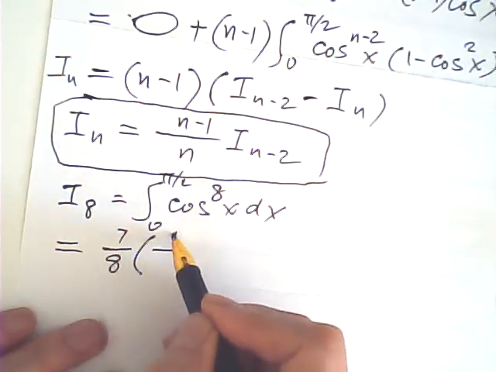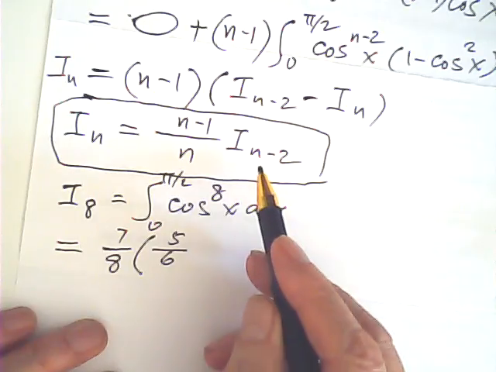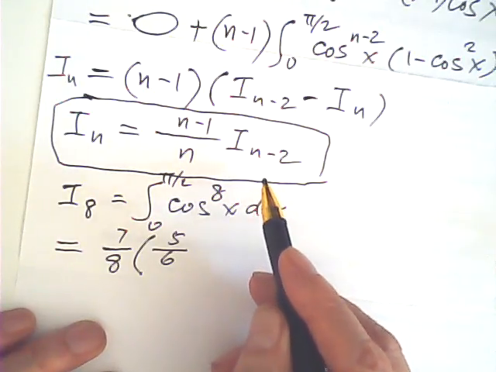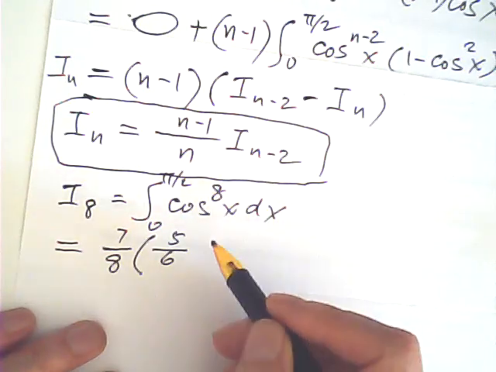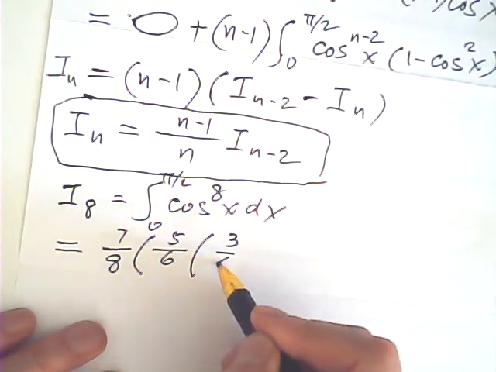I6 is 5 over 6 times I4. So times 3 over 4.